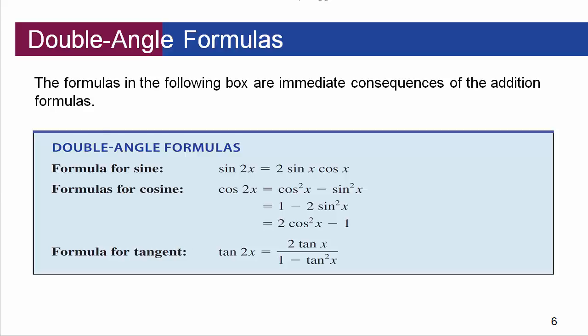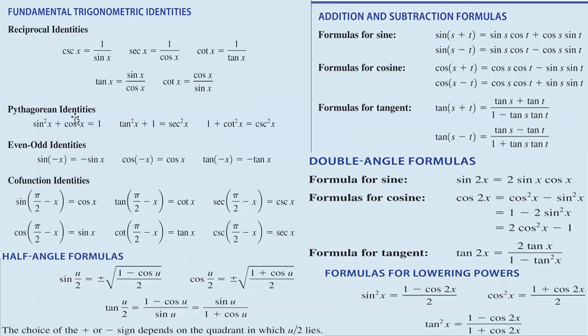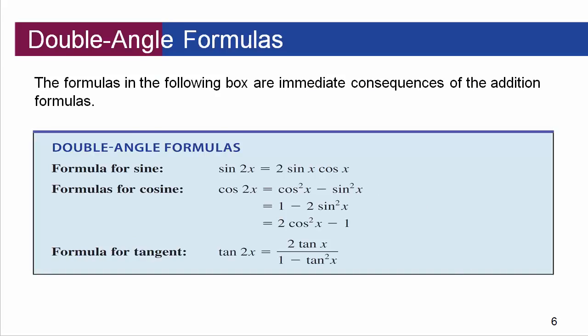Well, what if we have something that isn't 30? Well, we've seen before that if we had to do something like sine of 75, we would use some of those previous formulas that we saw and go, oh, well, we'll break up 75 as 30 plus 45, and then we can evaluate those. Well, this is just another set of formulas to help us solve those types of things.